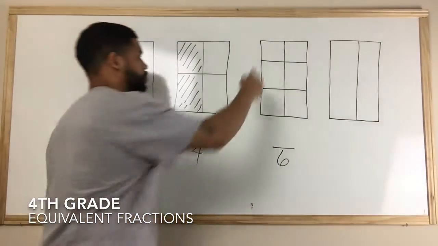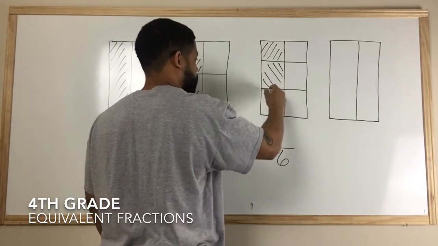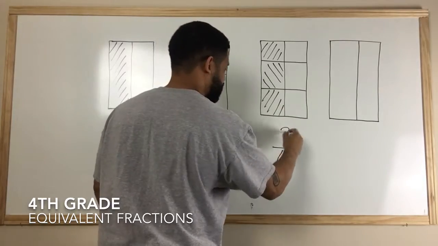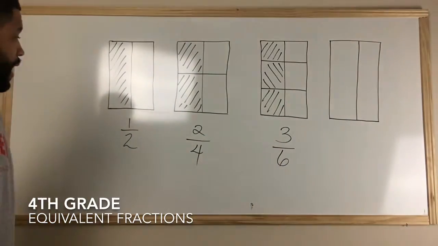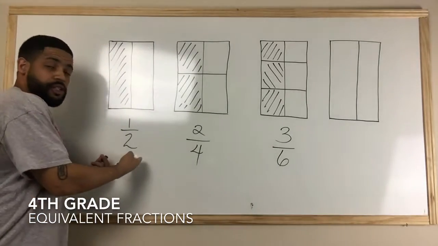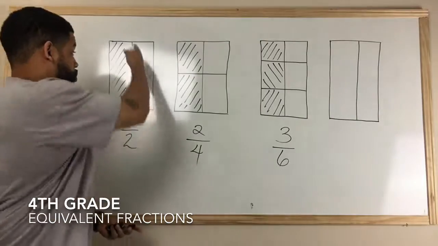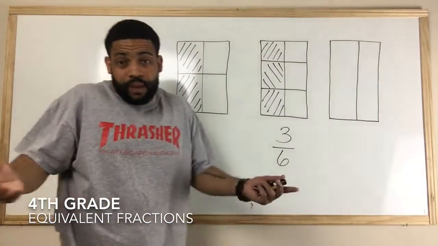Well, you guessed it. If I shade in 3 out of these 6 pieces, then it's still going to be equivalent to 1/2. It's also equivalent to 2/4. If you notice, they have the same amount shaded.